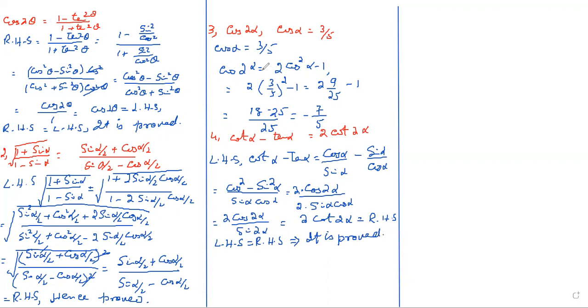Right, so come to the next question now. Question number 5. Tangent alpha by 2 equals 1 minus cosine alpha over sine alpha.